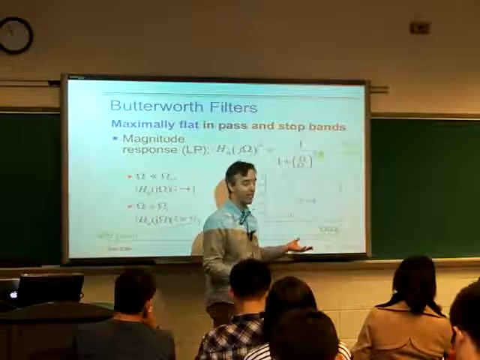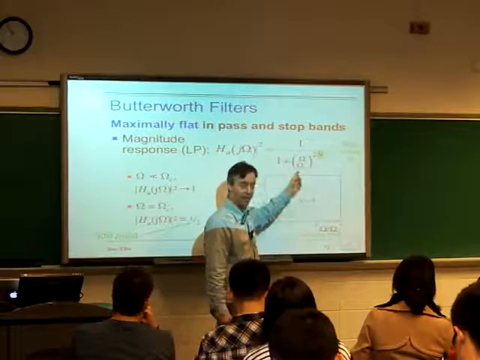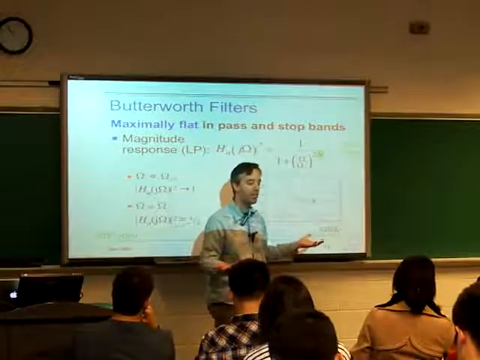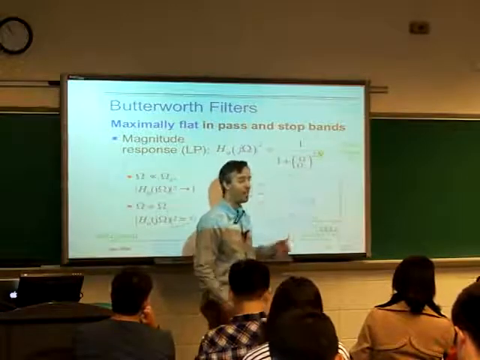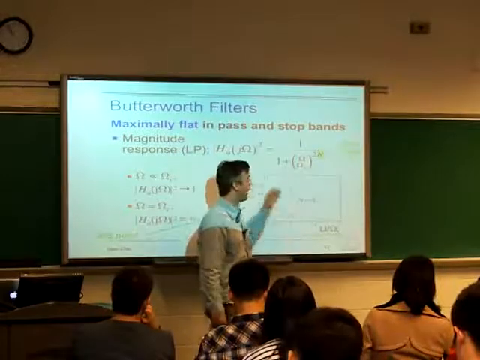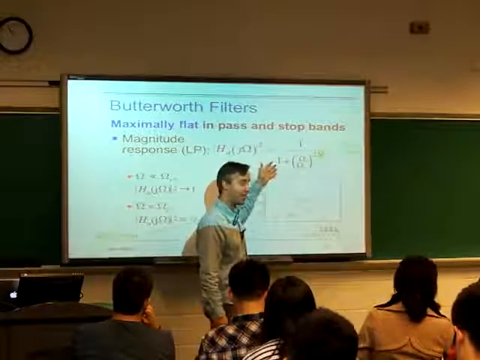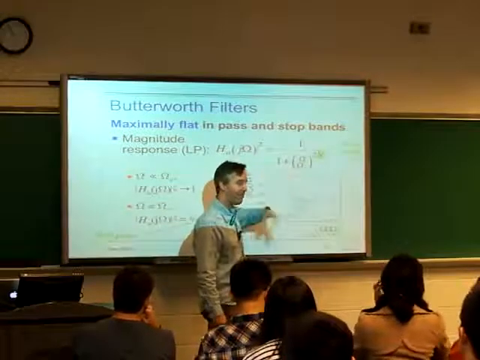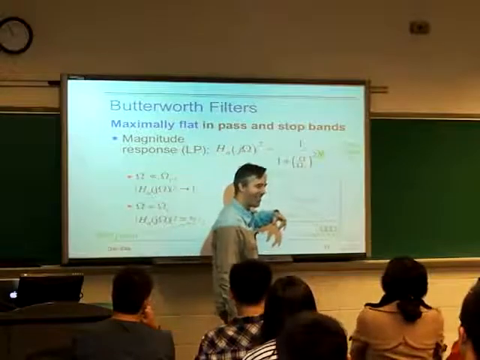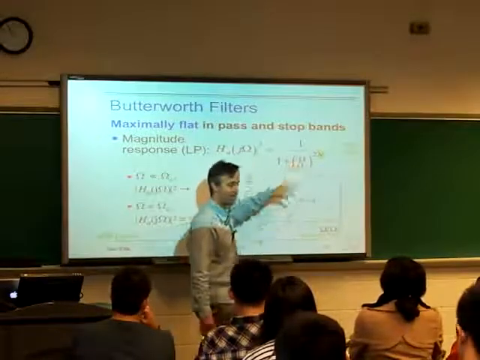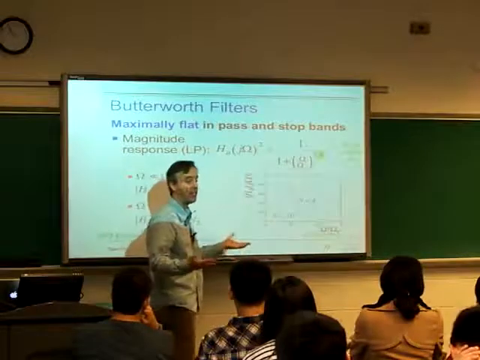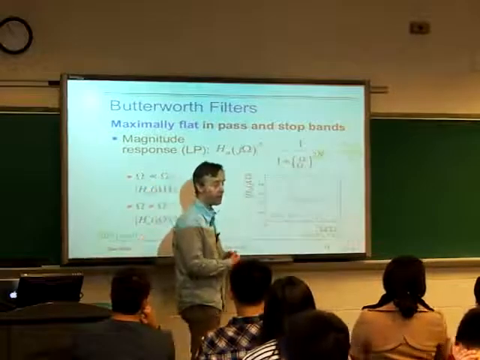So that's the definition of the filter. I haven't told you how to build one of these yet, or even if it is possible to build one. It'd be easy to write down a function and then say, oh, but we don't know how to do it. It turns out that we do. This is available and we know how to do it, which is why we're talking about it. But that'll come at the end, how we actually do it. So that's what it is. And the n is something we choose. It's whatever the order of the filter we're going to use.